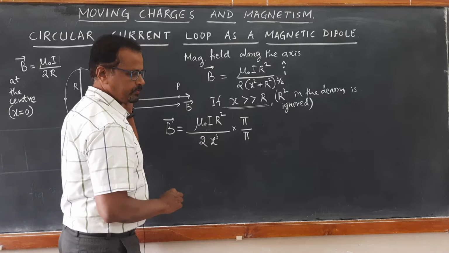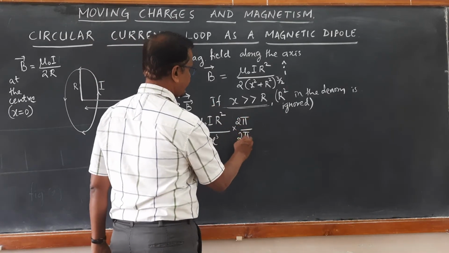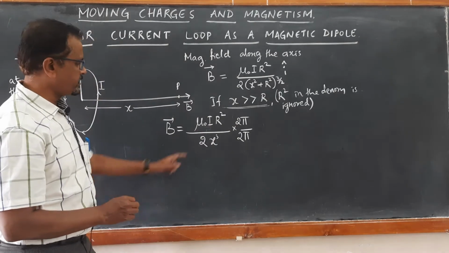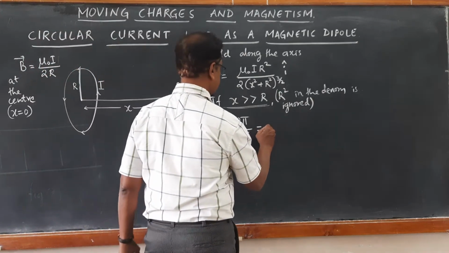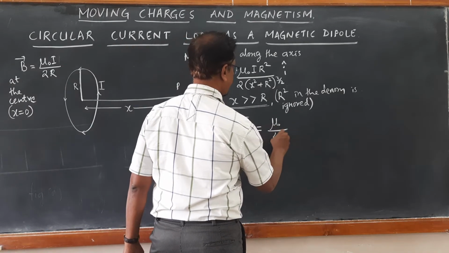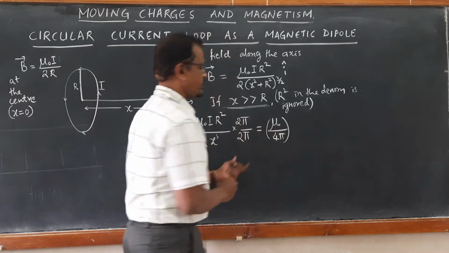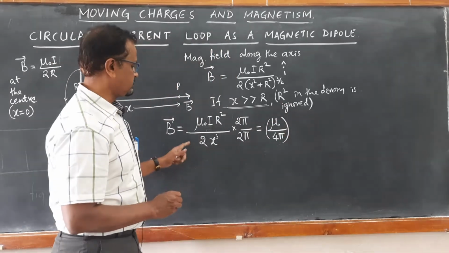Let me take 2 pi, multiplying and dividing by 2 pi, so that in the denominator you get mu naught upon 4 pi, whose standard value we already know, 10 to the power of minus 7.